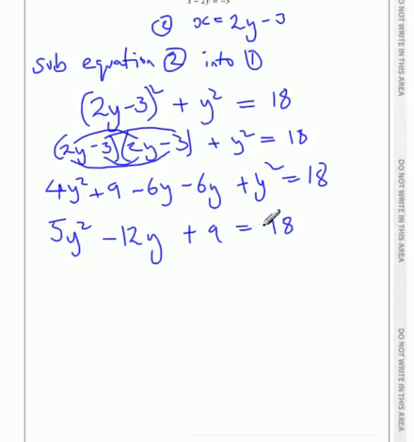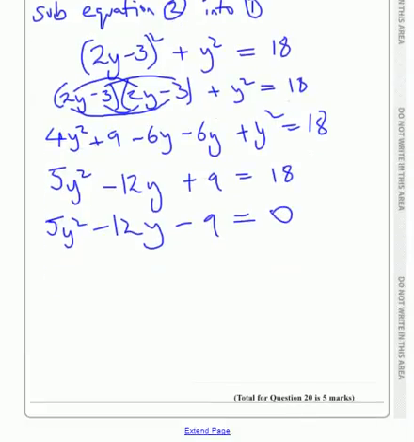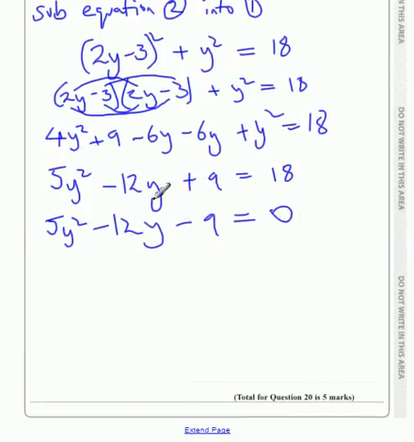This is a quadratic now, so let's make it equal to 0. We're going to take away the 18, giving 5y squared minus 12y minus 9 equals 0. Now we've got to factorize this so we can find out what y is. Because we've got a 5y squared here, we're expecting one of our brackets to have 5y and the other one just y.